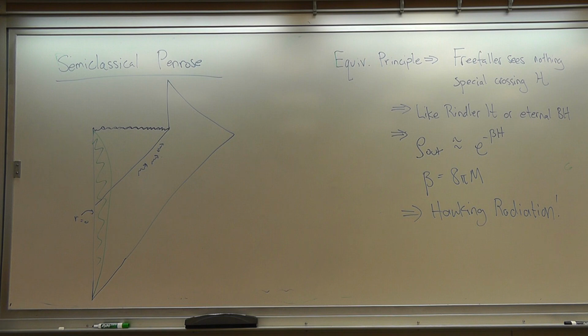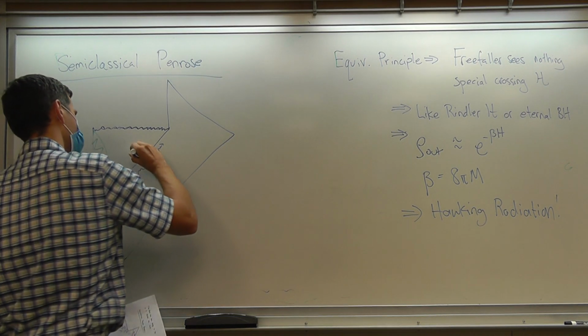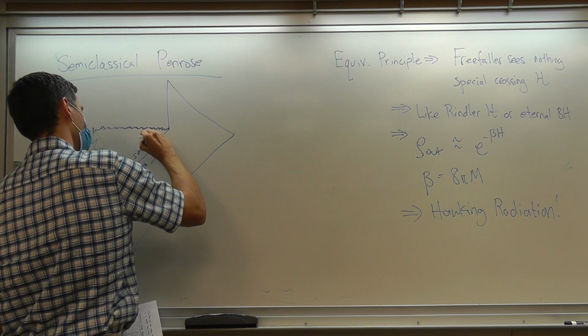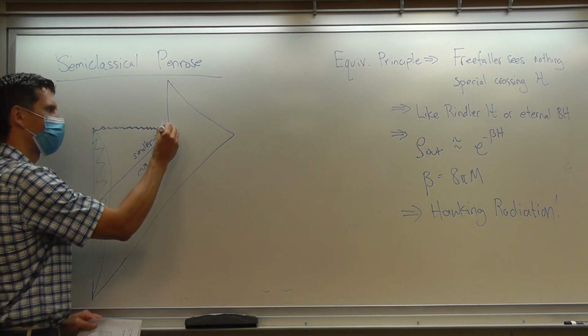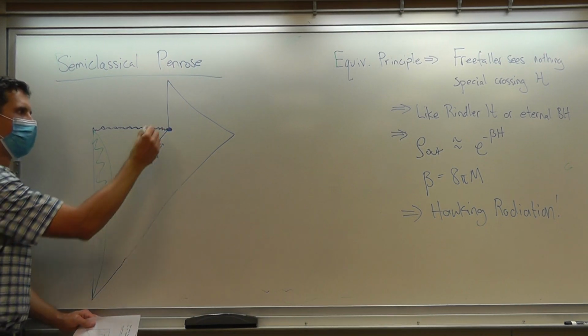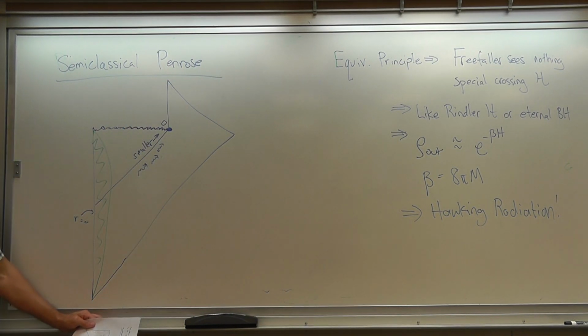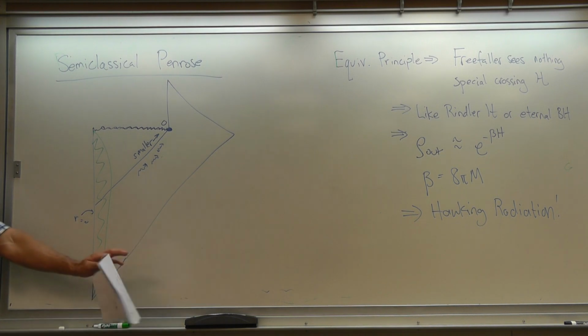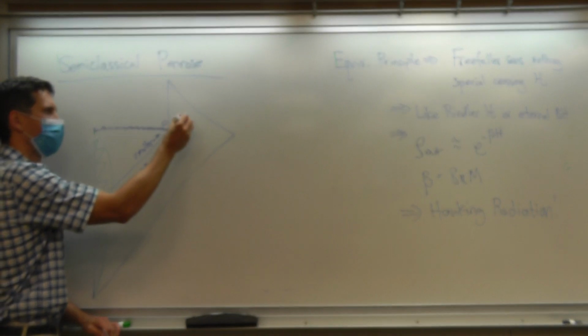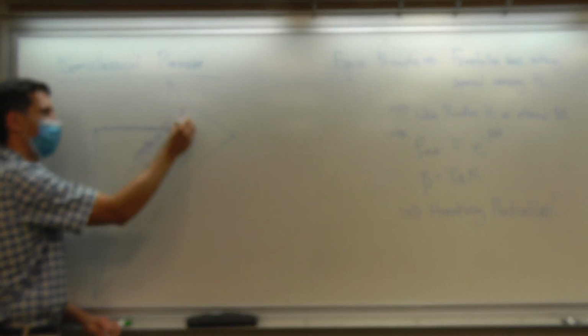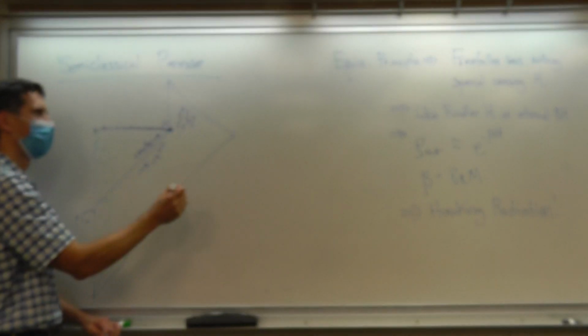And so the black hole is getting smaller as you go up this picture until you get to this point here, where the black hole just shrinks to 0 size. And at that point, the black hole is gone. You just have the radiation. So you have a bunch of radiation here that came out, but no black hole.